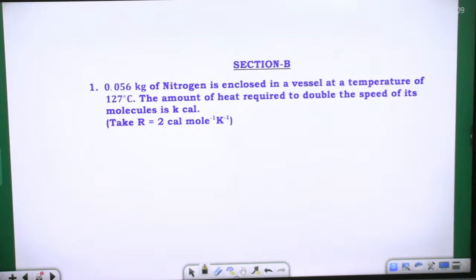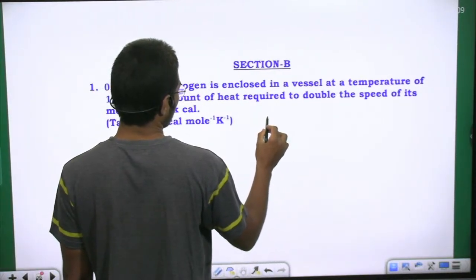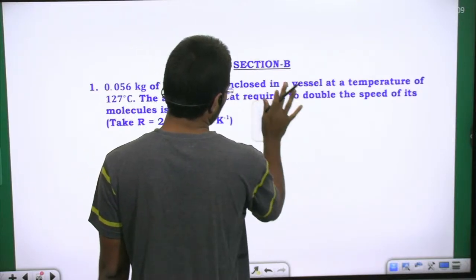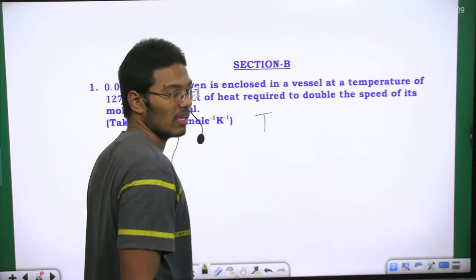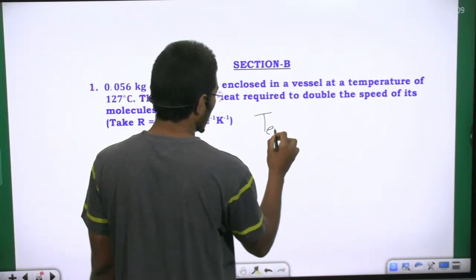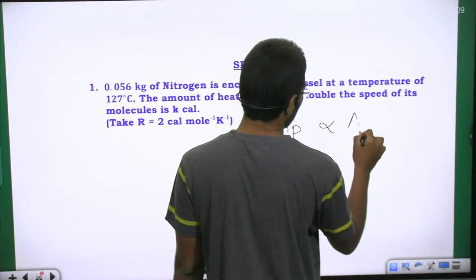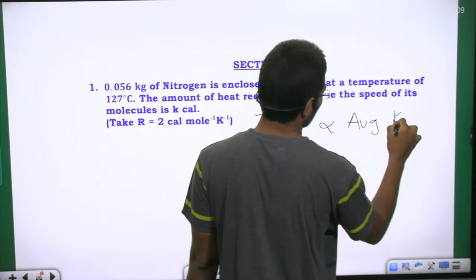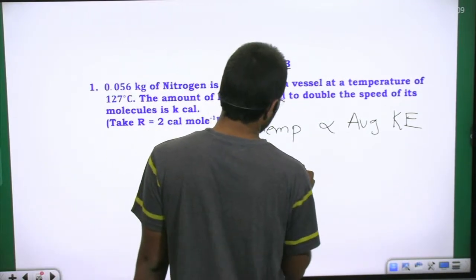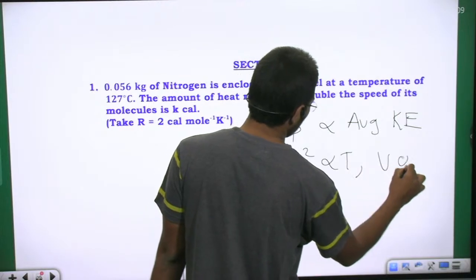See, according to kinetic theory of gases, temperature is proportional to average kinetic energy of the gas molecules. Okay, so V square is proportional to T, V proportional to root T.